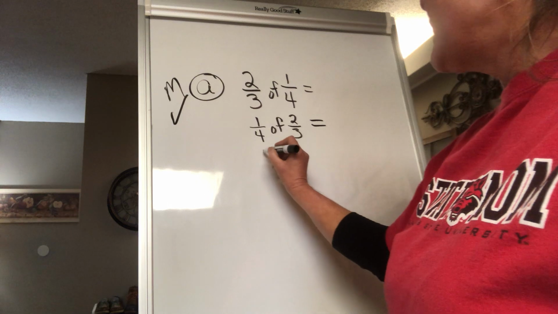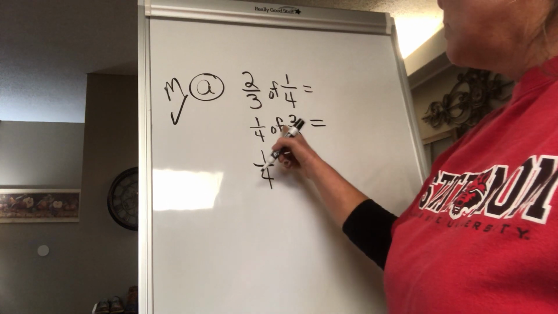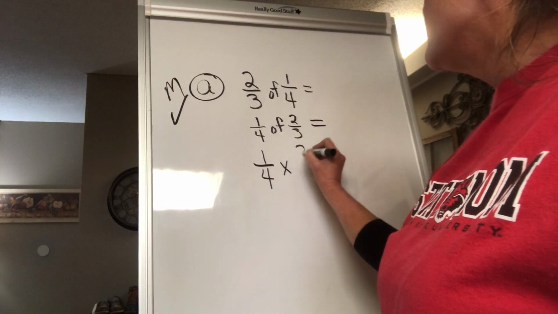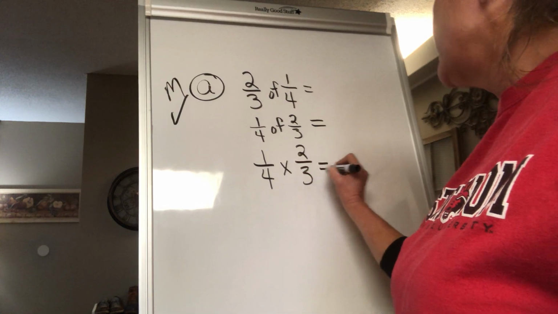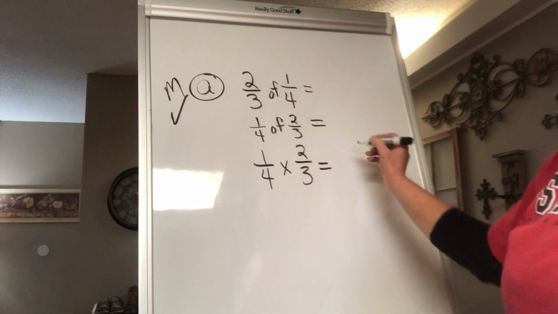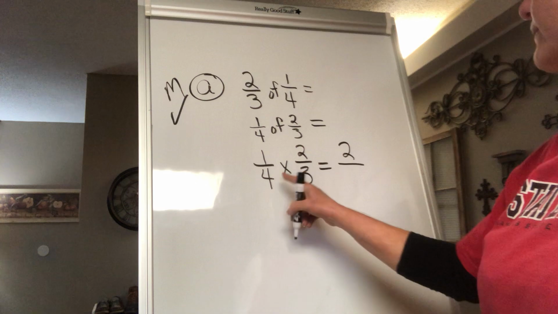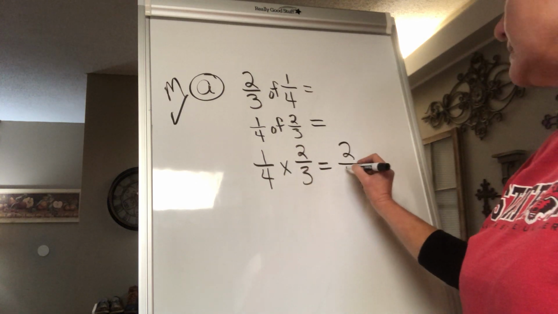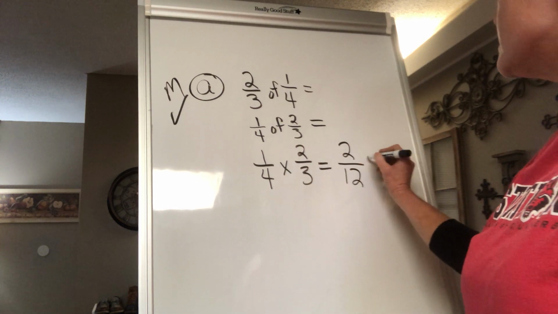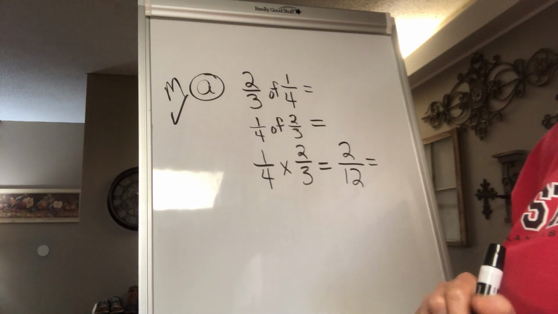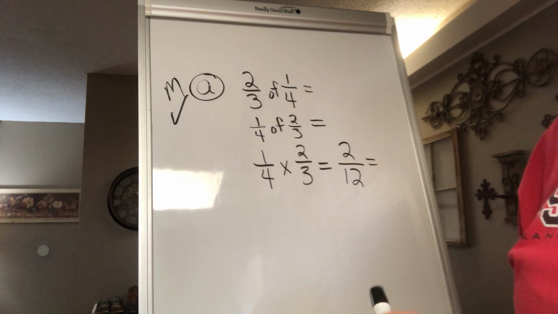And then if I look at it as multiplication, 1/4 of the 2/3 that have short hair. 1 times 2 is 2. 4 times 3 is 12. So I can say 2/12 of the class, and that would be right.